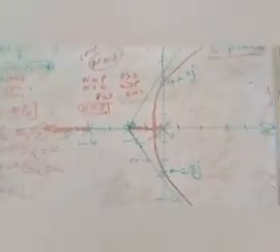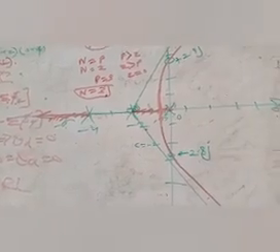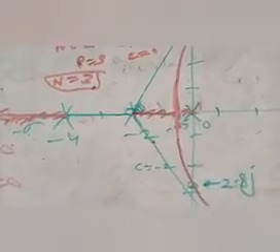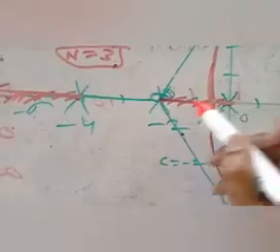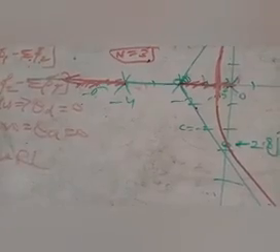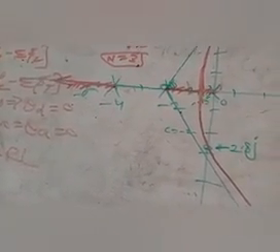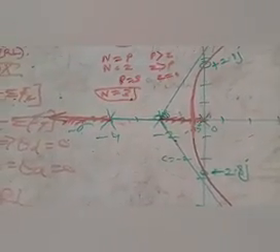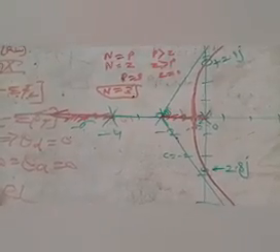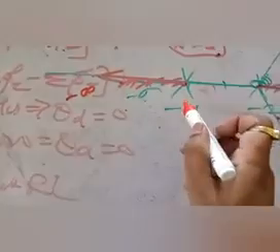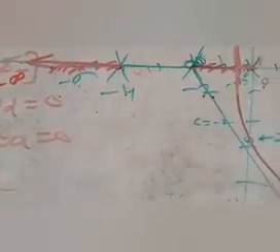Our first step is to determine the number of poles and zeros. Here zeros is equal to 0 and there are 3 poles. The values of the poles are S is equal to 0, S is equal to minus 2, S is equal to minus 4. Next point, existence of root locus. We determine the root locus starting and ending points. The existence we already determined is minus infinity to minus 4 and minus 2 to 0.